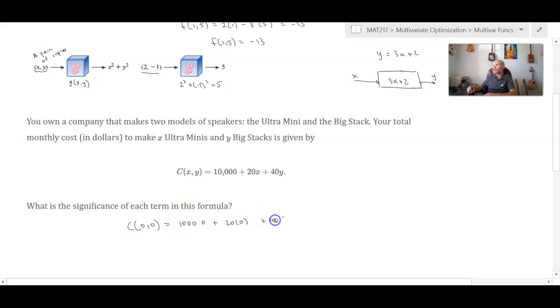The only non-zero quantity is this 10,000, and so my total cost will be 10,000. How could I have cost if I didn't make any speakers? Well, I probably still have a factory or some place that I have to pay for electricity and bills, and maybe I have employees. So this is the fixed cost of operation.